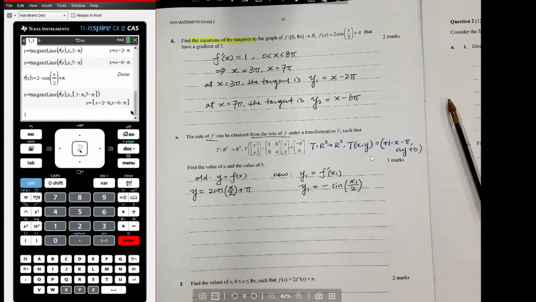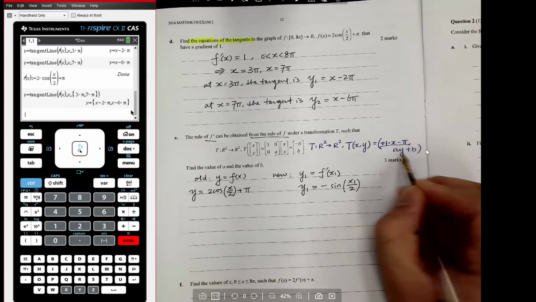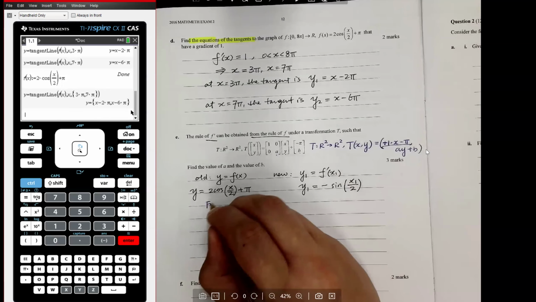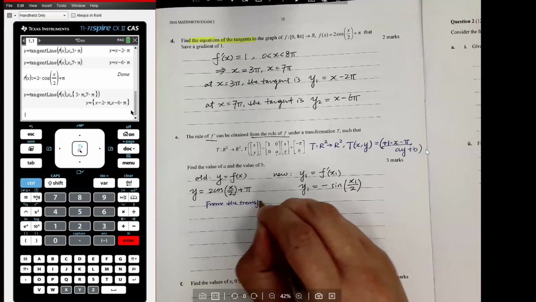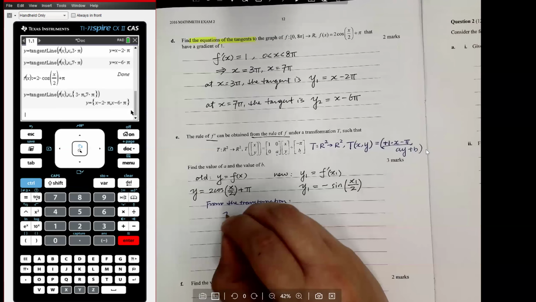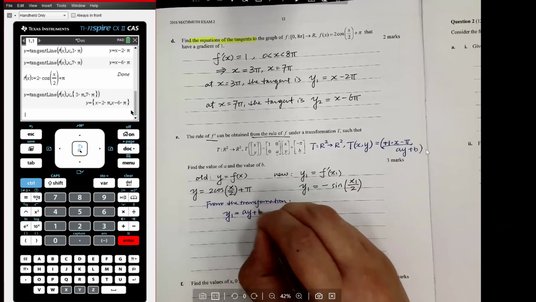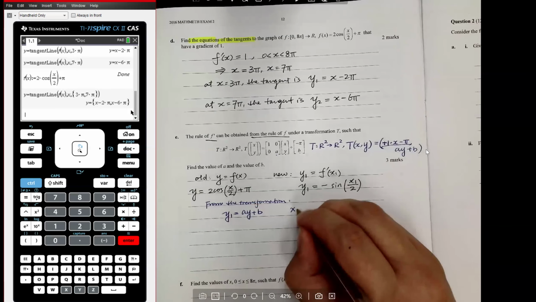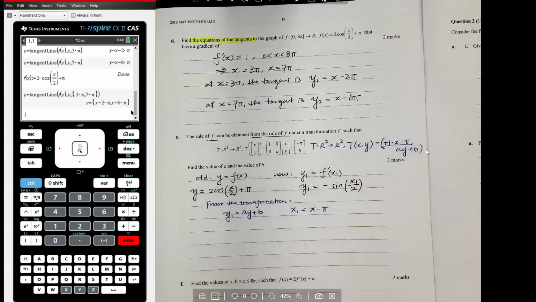The next thing is you need to identify these two equations. Here, from this bit, from the transformation, we should have y1 equals ay plus b, and x1 equals x minus pi.